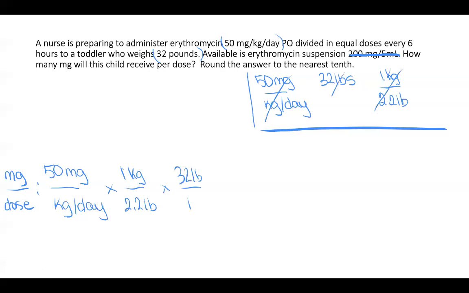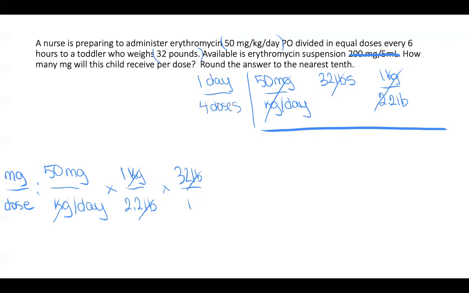Okay, I've used everything in my box, so I'm going to cancel like units of measure. So pounds are gone and kilograms are gone. And I'm left with milligrams per day, which does not match what I'm looking for. I need milligrams per dose. So I'm going to come back up here and look at the problem. And it says this is to be divided in equal doses every 6 hours. Okay, so what's my conversion for that? 1 day over 4 doses, right?